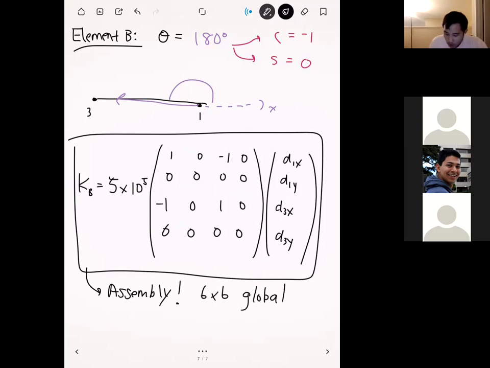Remember, for each node in our structure, we're going to compute both an x displacement and a y displacement. Since we have 3 nodes, we're going to have 6 different unknowns in total, and that gives us a 6x6 system. That 6x6 system is going to look like the following.